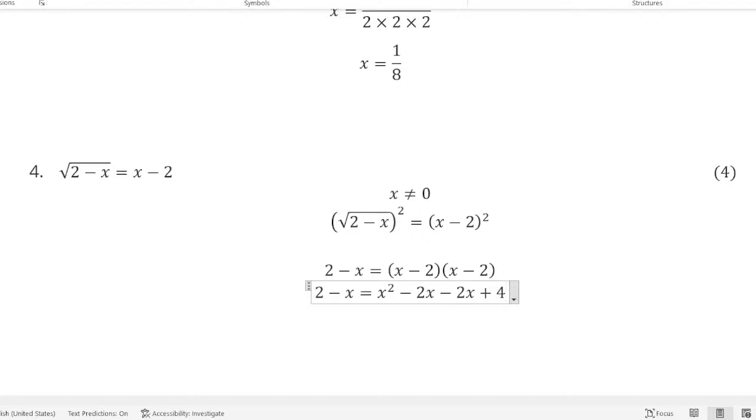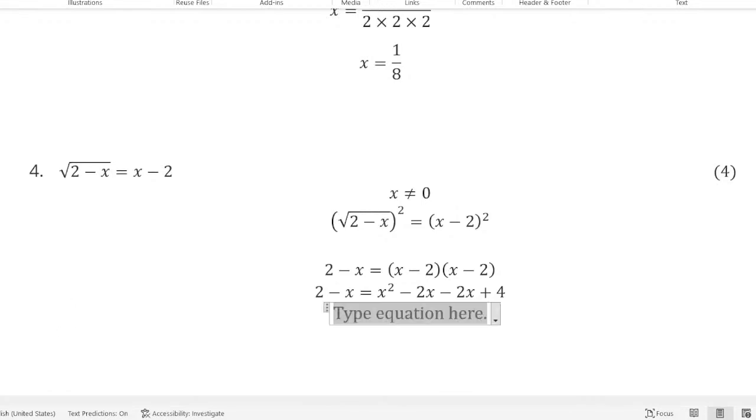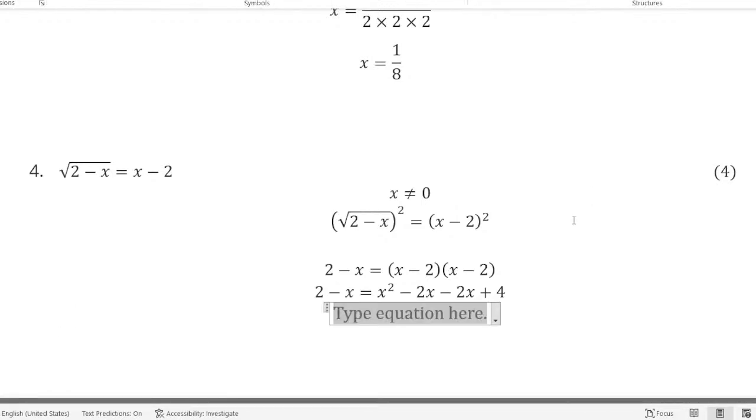So what we'll do here, we're going to take everything that is on the left and transpose it to the right hand side. Okay, let's first solve the equation. Let's first simplify the right hand side so that we don't make things difficult.